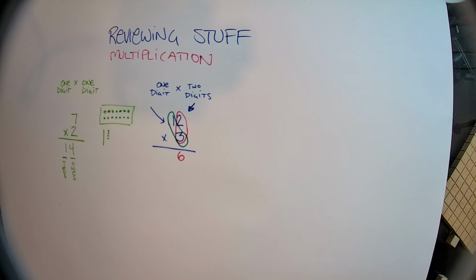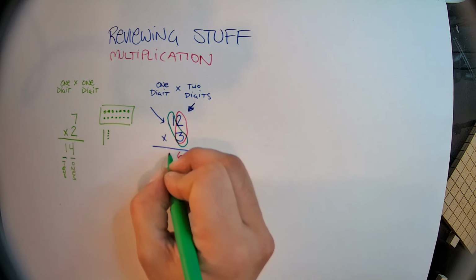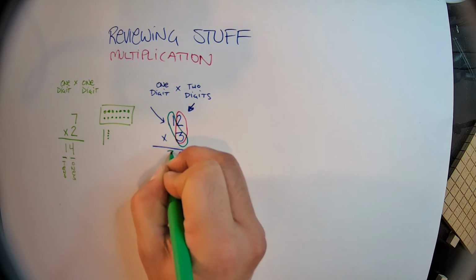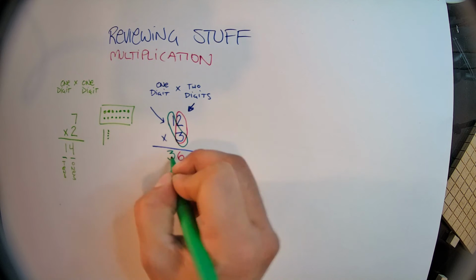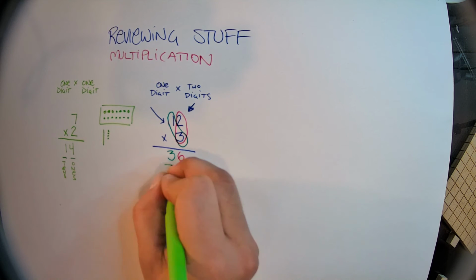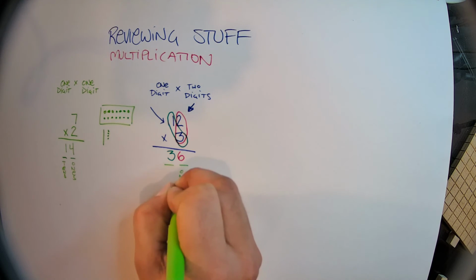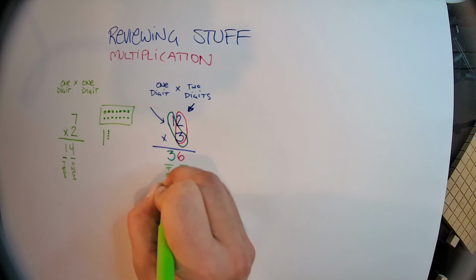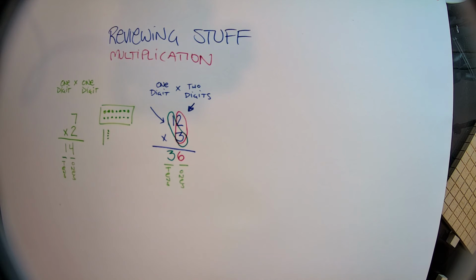So you can take 3 ones and multiply it by 1 ten and you get 30. But since we're using the algorithm, all we have to do is the math fact, 3 times 1, which gives us 3. You knew it was 30, that's why it's a 3 in the tens place. Once again, if we are looking at the place value, there's a 6 in the ones place and a 3 in the tens place.